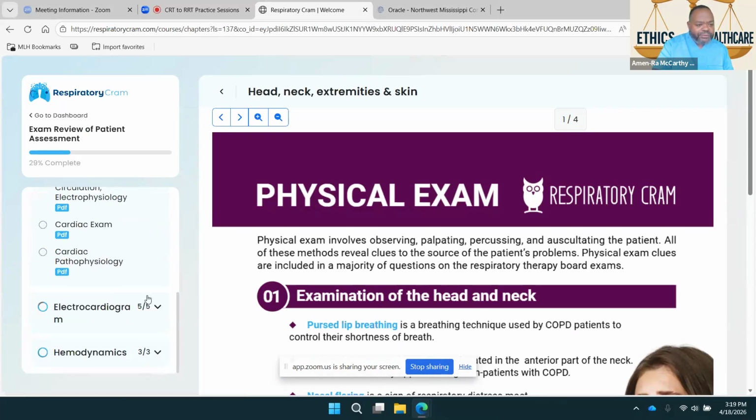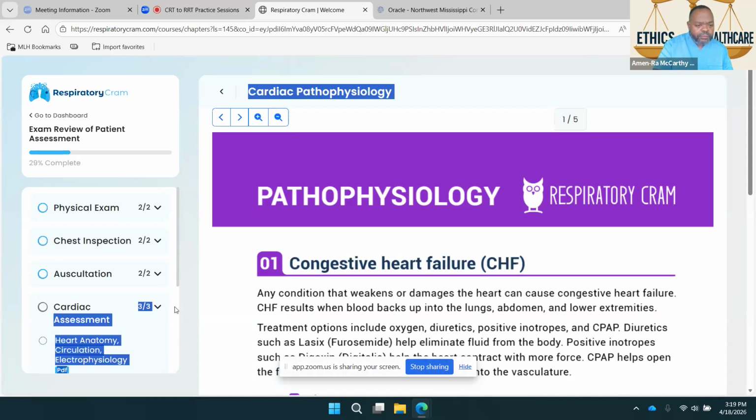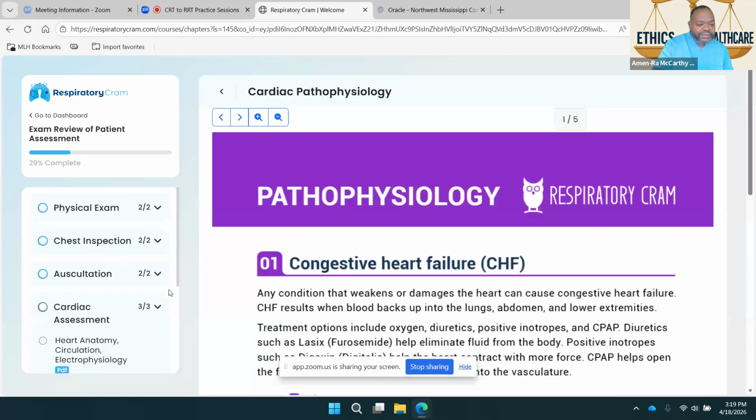We got all the way down to cardiac pathophysiology. Make sure we did that. Yeah, CHF and all of that. Then cardiac assessment. All right, yeah, so that's going to be next.